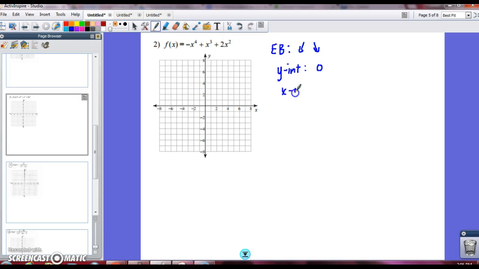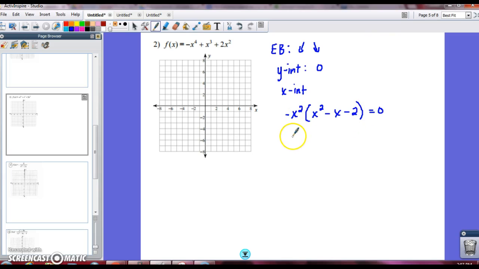And then let's talk about the x-intercepts. So I do have a GCF here of x squared. Actually, I'm going to take out a negative x squared. So that would leave me with positive x squared minus x minus 2.